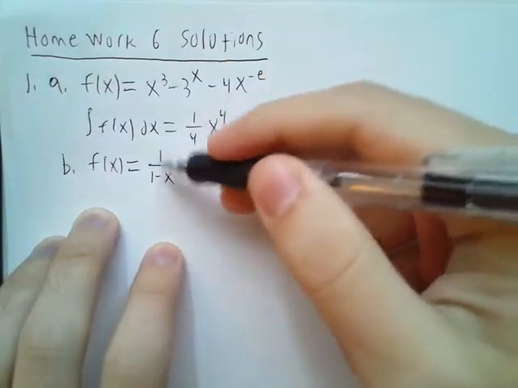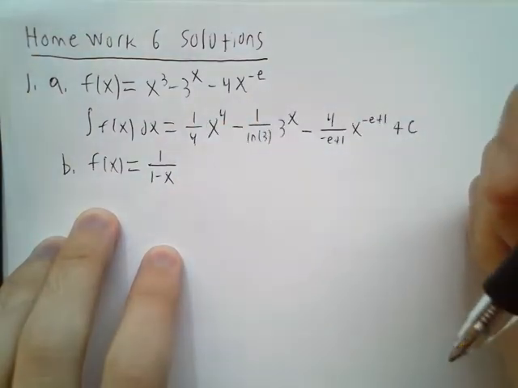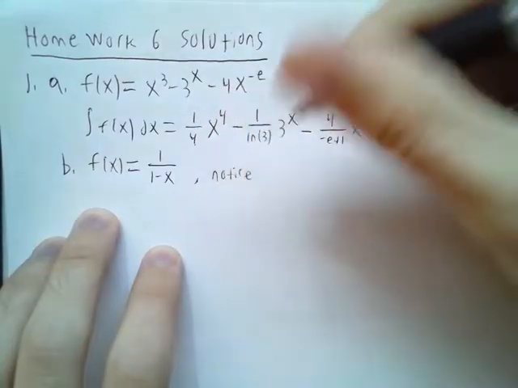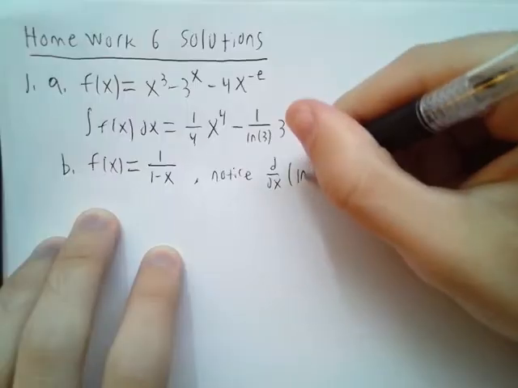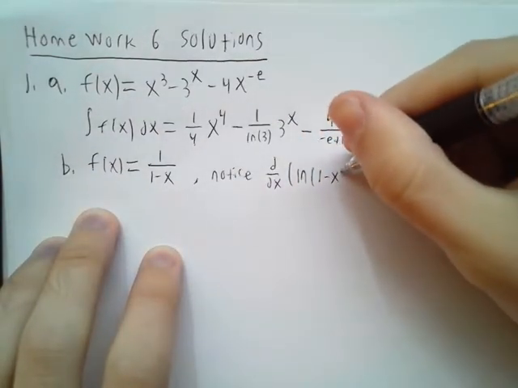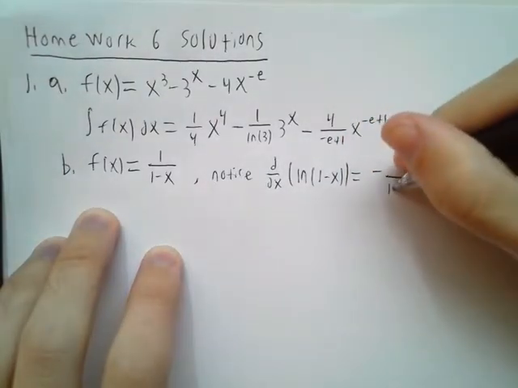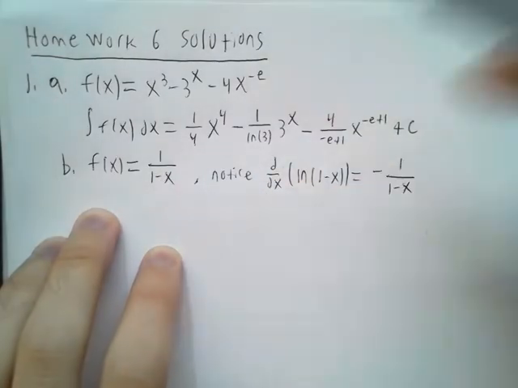This looks quite close to 1 divided by x, so we expect something with natural log might work. So the thing to notice is that the derivative of natural log of 1 minus x is equal to negative 1 over 1 minus x.